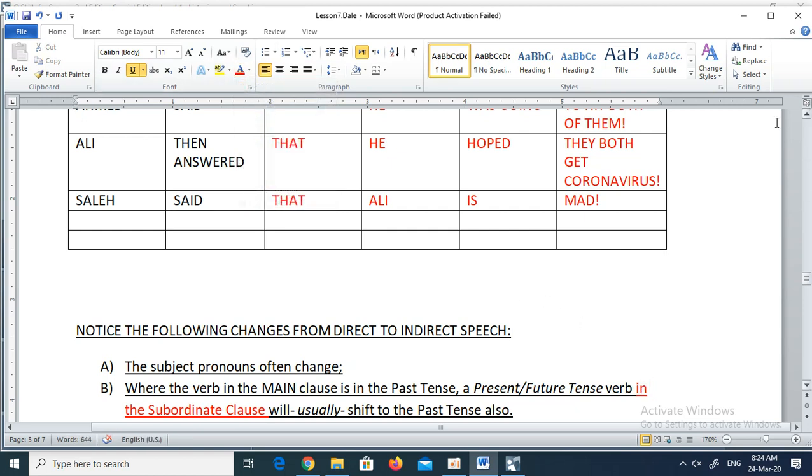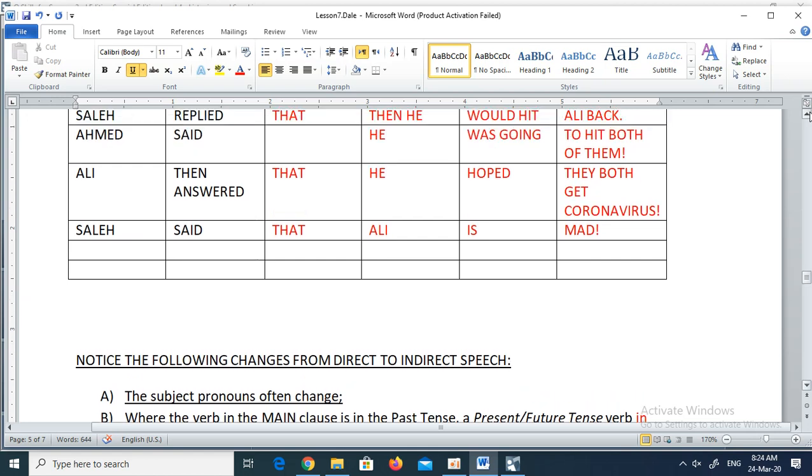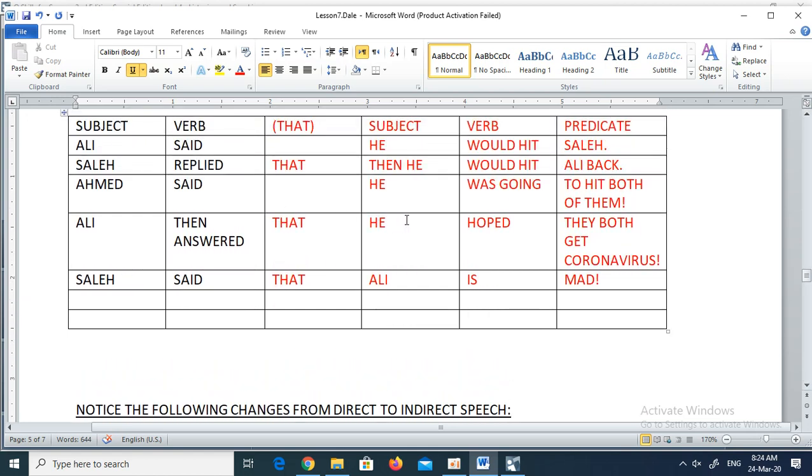So, remember Ali answered that I hope you get coronavirus. Because the verb here, answered, is in the past, when Ziad told me what Ali said, he didn't say, "Ali then answered that he hopes they both get coronavirus." Ali then answered that he hoped, in the past tense, they both get coronavirus.